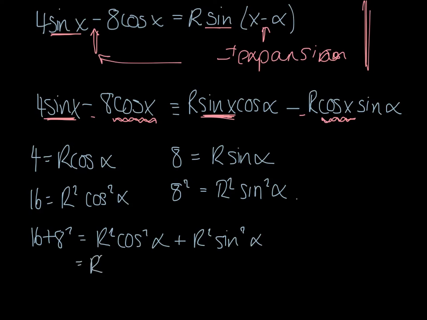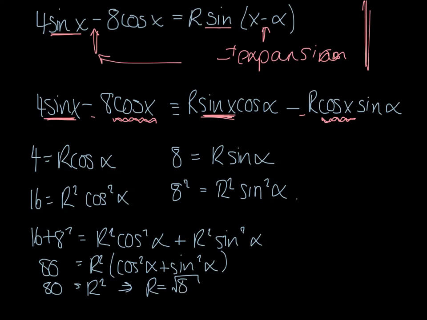Factorising out that r squared gives me that, and that is equal to 80. Cos squared alpha plus sine squared alpha is 1. So 80 must equal r squared, in which case r is equal to the square root of 80.